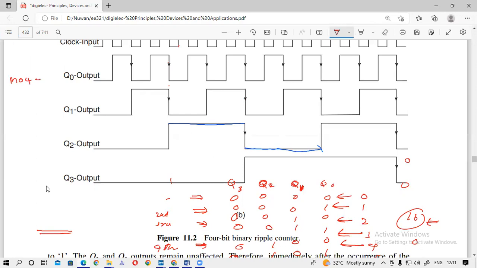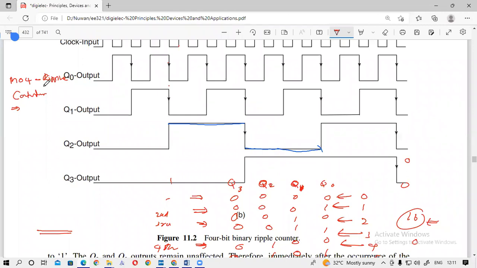If you use a mod 4 ripple counter, there is a propagation delay, no? Can you tell me for which flip-flop this propagation delay is most affected?